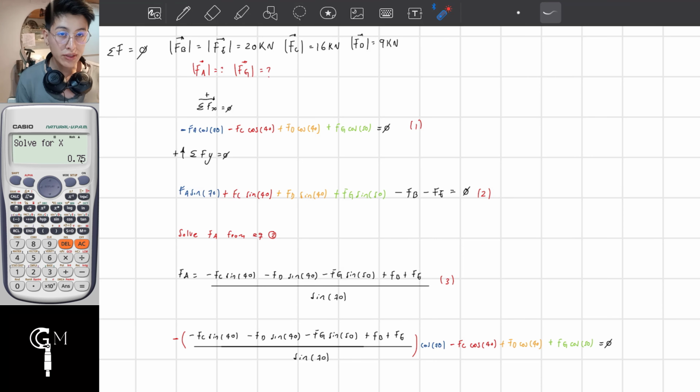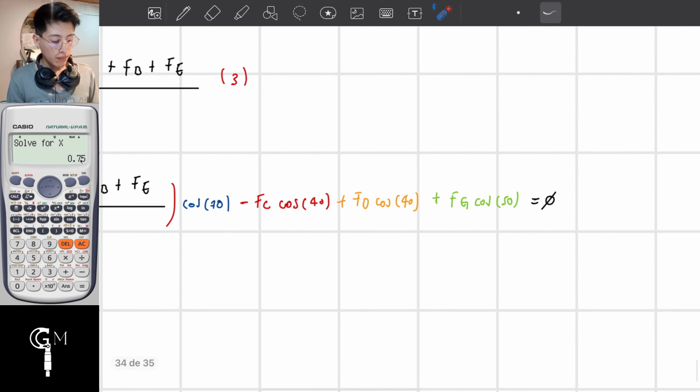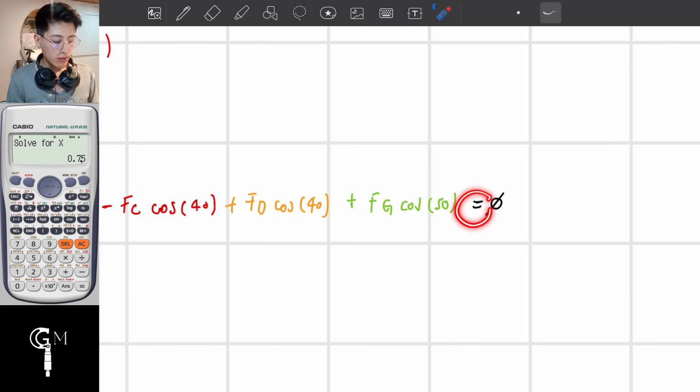What the calculator is going to do is create an iterative method in which it is going to try with a lot of different numbers until it finds the solution. The solution is given when this equal is met. Once the calculator finds that number, it is going to show that number as the solution.